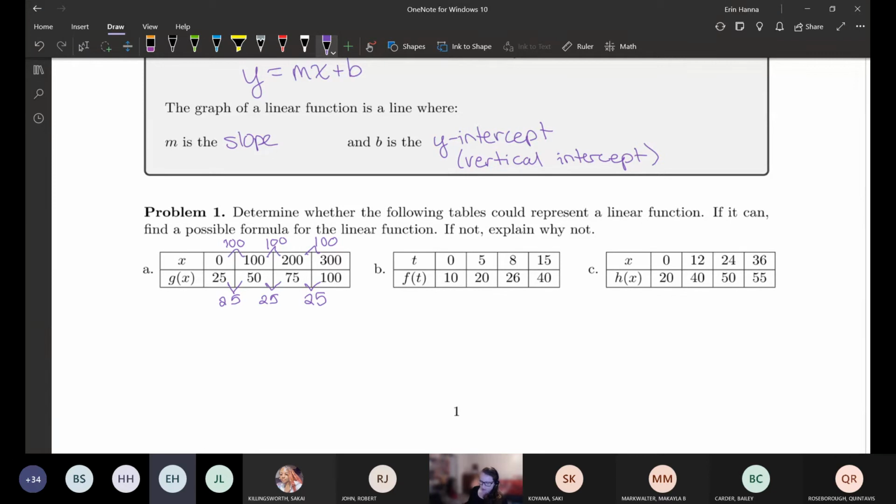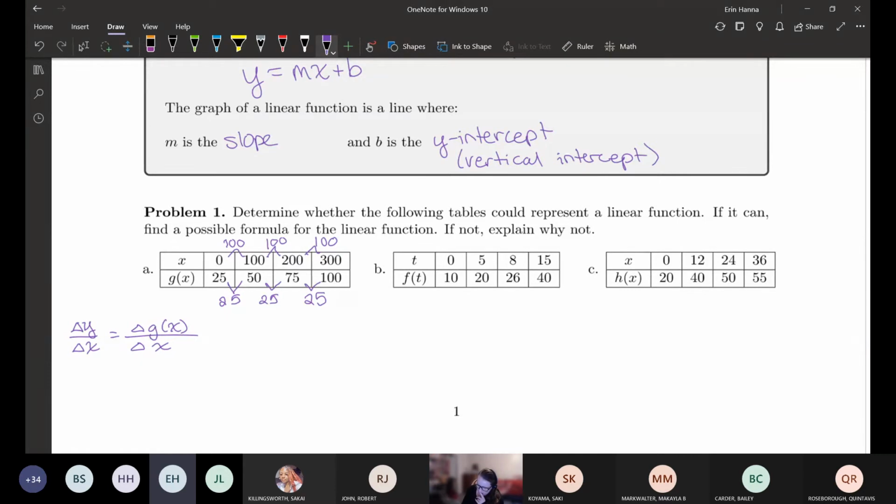But we want to triple check. So essentially the actual thing we're looking for is a change in y over change in x, which in this case is technically a change in g of x over a change in x. But I always remember it as change in y over change in x and then carry it over to the correct variables for that problem.